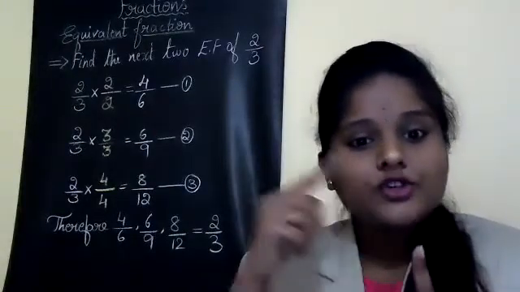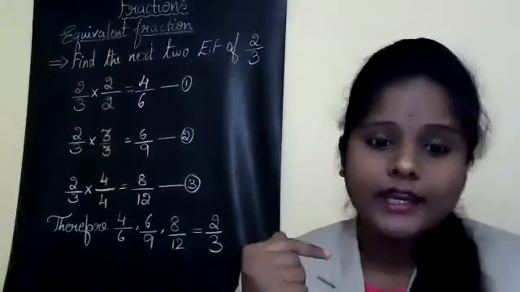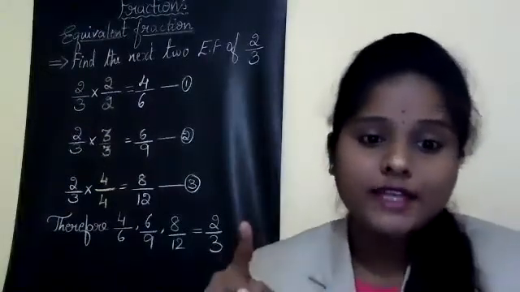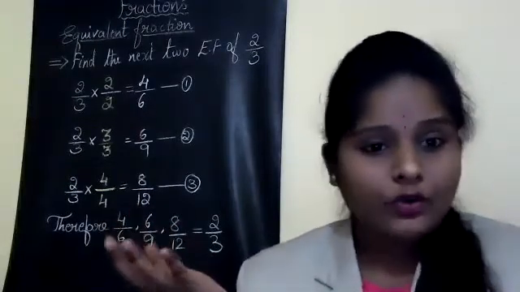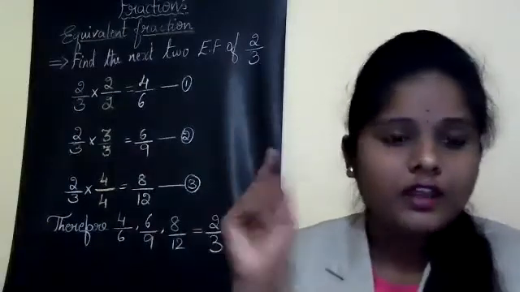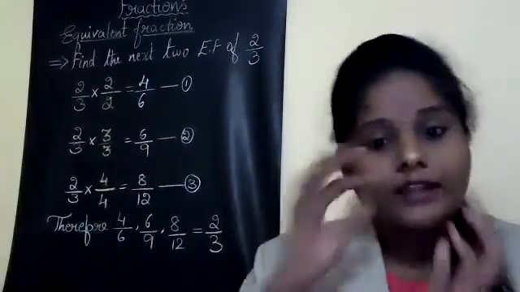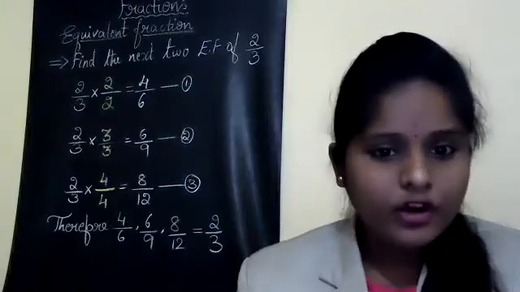When we multiply both the numerator and the denominator by a non-zero number, we obtain the equivalent fraction of the given fraction. First they will give you a fraction and then they'll ask you to find the equivalent fraction of that. At that time, what should we do?